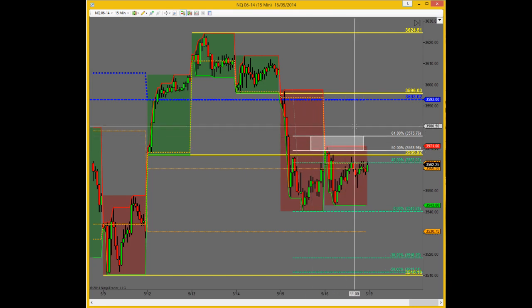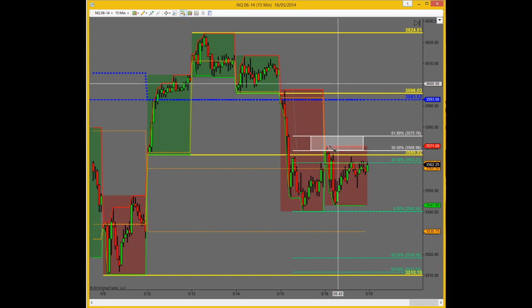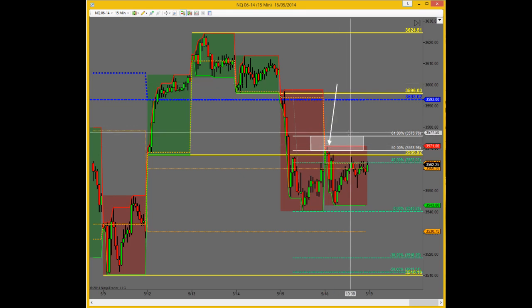It's this one here. As you can see, price went right there to test it, and 3568.98 in that case would have been the 639.69. That gives me an idea of where the market could go.